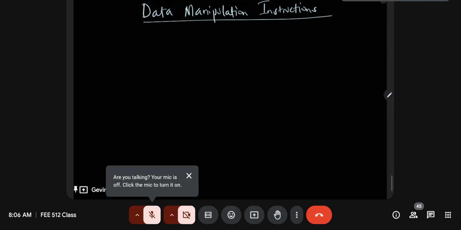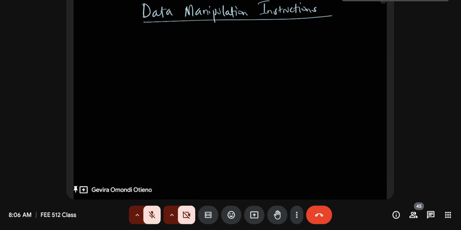All right, so our discussion is on data manipulation instructions. Like I've mentioned, we have so far discussed timers. We have also discussed counters as instructions used in PLC programming.